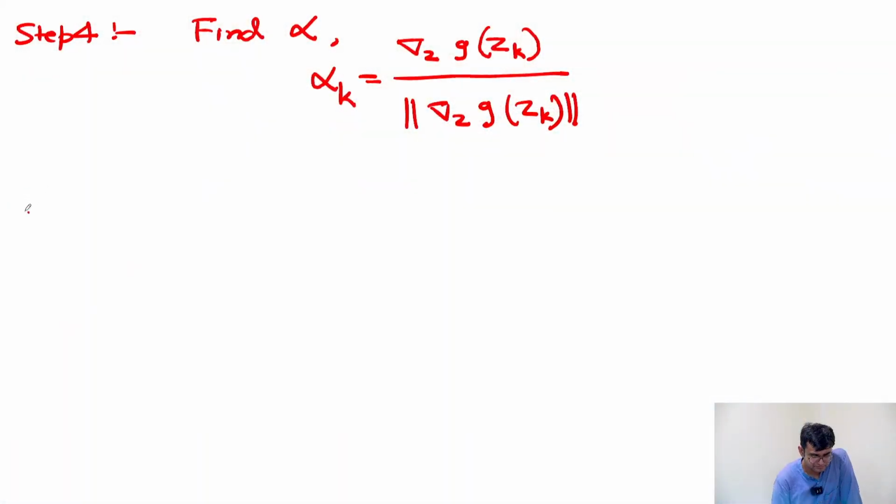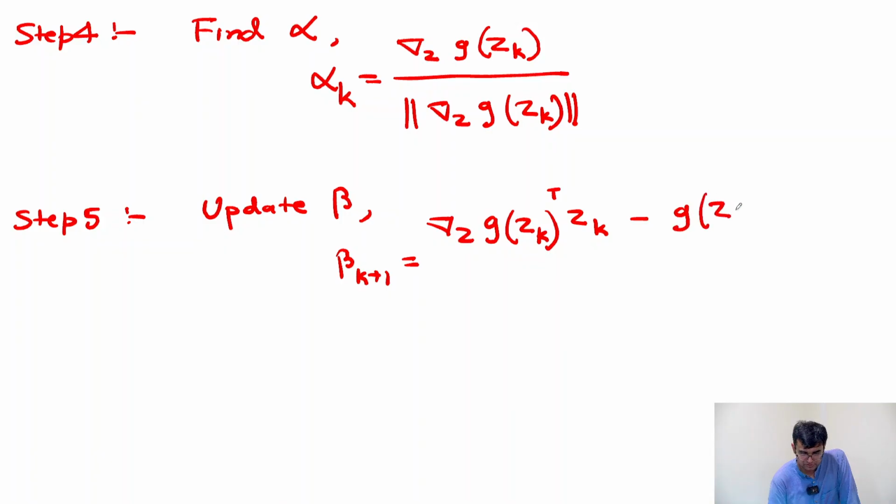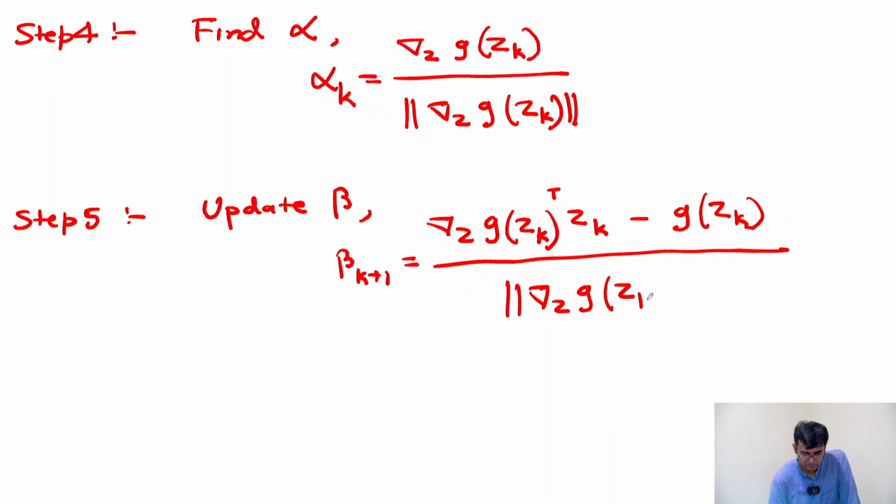Step 5, update beta, which means basically beta k plus 1 is equal to, we know that, grad of g of zk transpose zk minus g of zk divided by the norm of grad g of zk, and that is my updated beta.